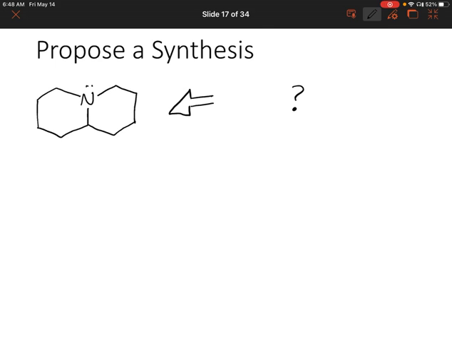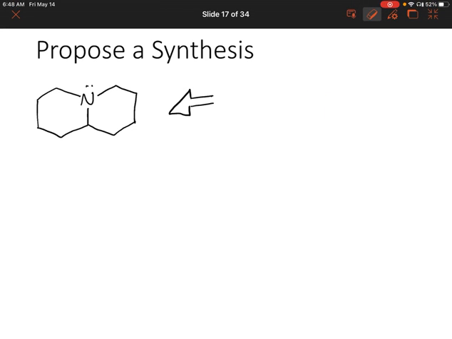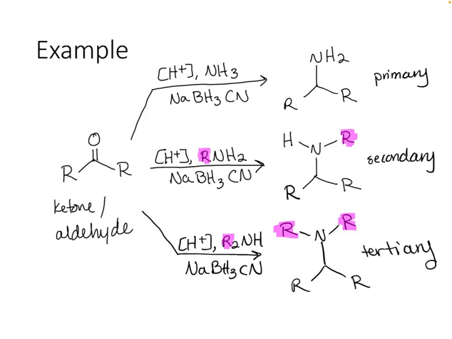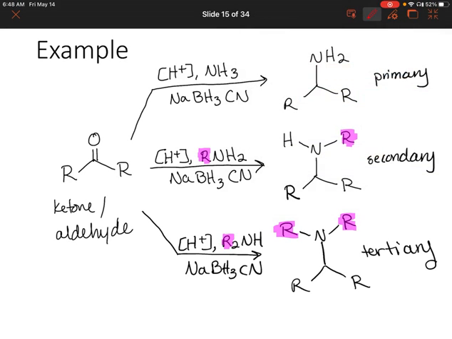Okay, so probably the easiest thing to do, if we look back at our previous slide here, notice that what we're doing is really adding, for instance, NH2 from ammonia to this spot where oxygen is.